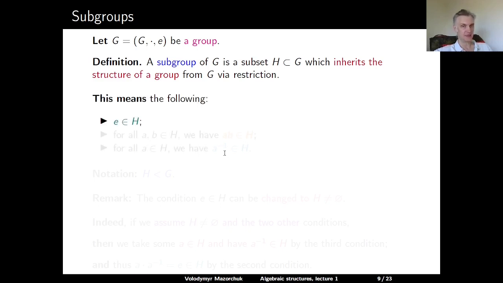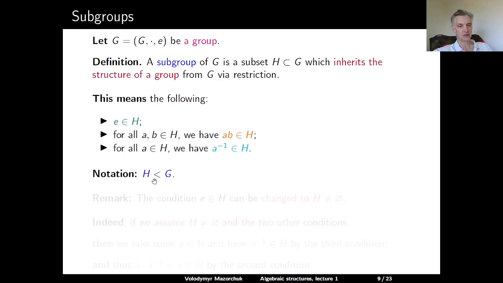First of all, the identity must belong to H. Second, for any pair of elements A and B in H, their product in G also must belong to H. And finally, for any A in H, the inverse of A in G must belong to H. So H is closed with respect to identity, with respect to products, and with respect to taking the inverse. And this is a notation which says that H is a subgroup of G.